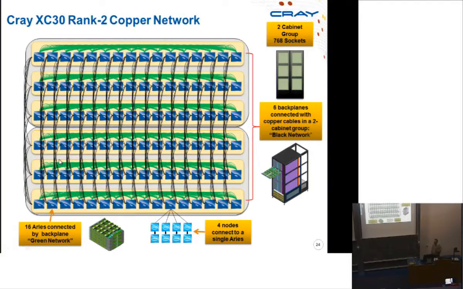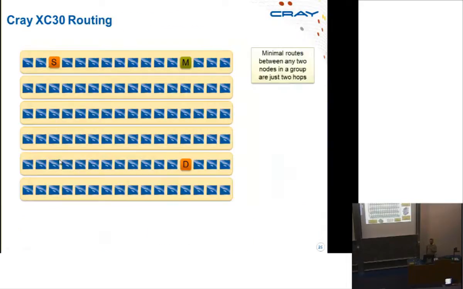And this is what we call the rank 2. This is also a copper network, so it's passive, so it's electrical, and thus economical for us to implement, but also high performance. A group is 768 sockets, or 384 nodes potentially. Then we can interconnect these groups via the optical cables in what we call the blue network. Again, we'll name that in a bit more detail.